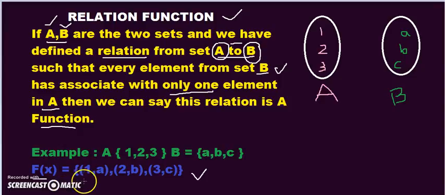A relation is made of ordered pairs going from set A to B, like 1 to A, then 2 to B, and then 3 to C.